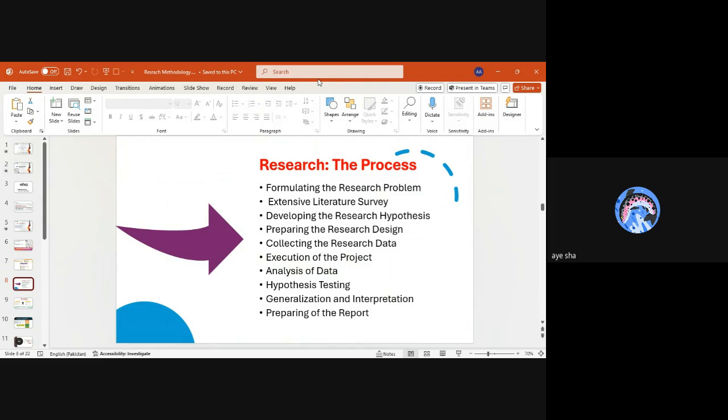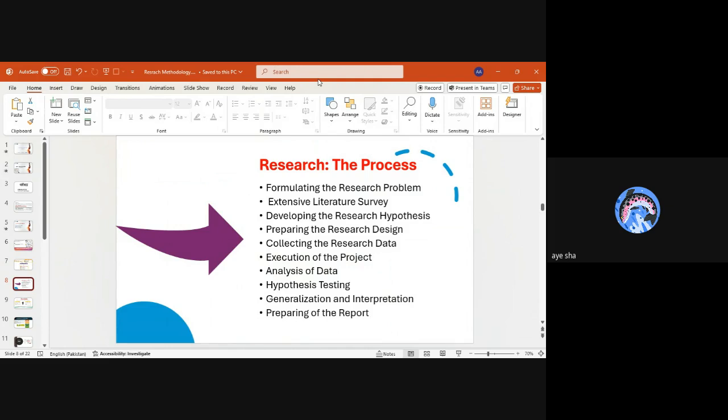Then you will give the literature survey. Obviously, I will be discussing later on in this session how you have to carry out the literature survey. Then you have to develop your hypothesis. Then you will prepare the design. You will be collecting the data. You will execute your project. Then you will analyze your data. You will be testing your hypothesis. You will then interpret your data and then report.